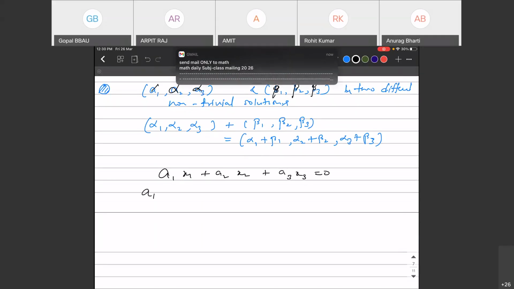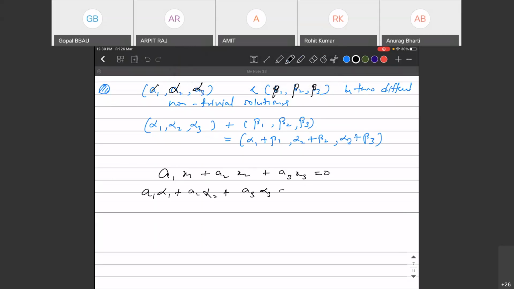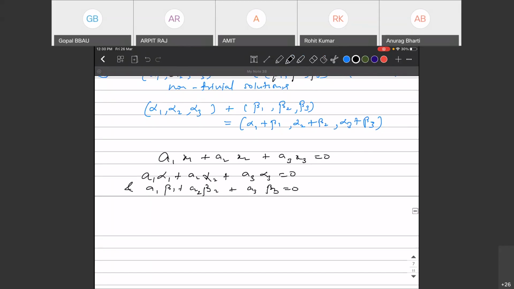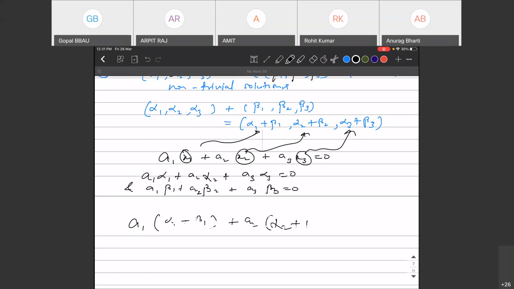This means A1 alpha 1 plus A2 alpha 2 plus A3 alpha 3 equal to 0, and A1 beta 1 plus A2 beta 2 plus A3 beta 3 equal to 0. So let's replace x1, x2, x3 by alpha 1 plus beta 1, alpha 2 plus beta 2, alpha 3 plus beta 3 and see what happens.